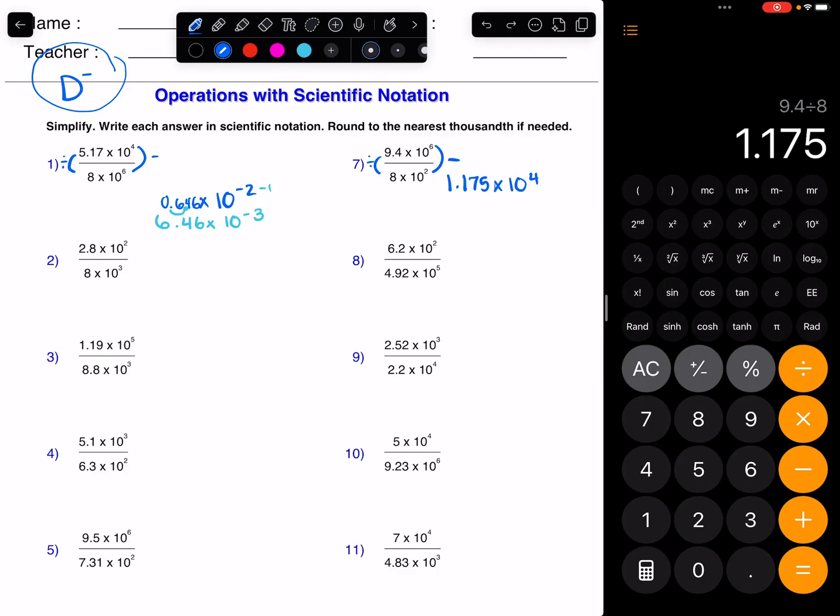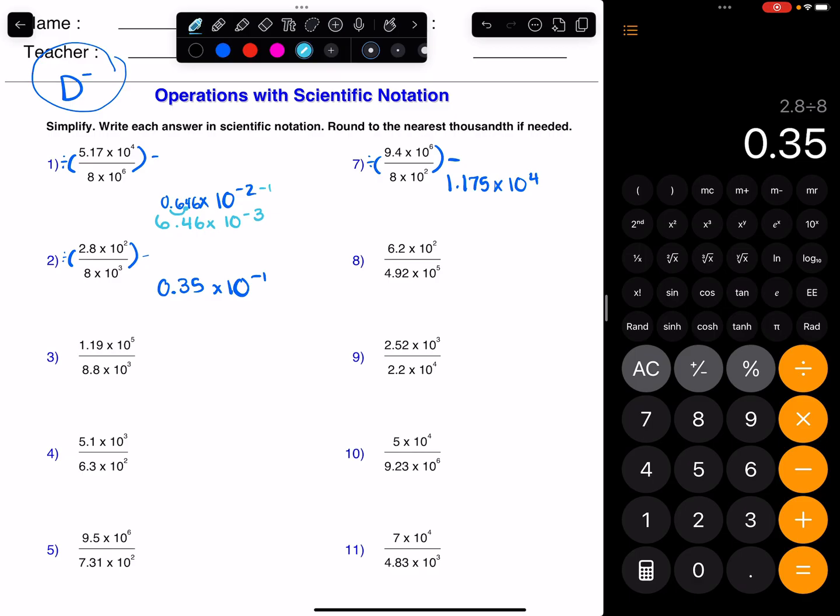Let's do 2 more, and then I'll leave you to practice. I'm going to subtract my exponents. 2 minus 3, so that's times 10 to the -1. I'm going to divide my big numbers. 2.8 divided by 8. 0.35.